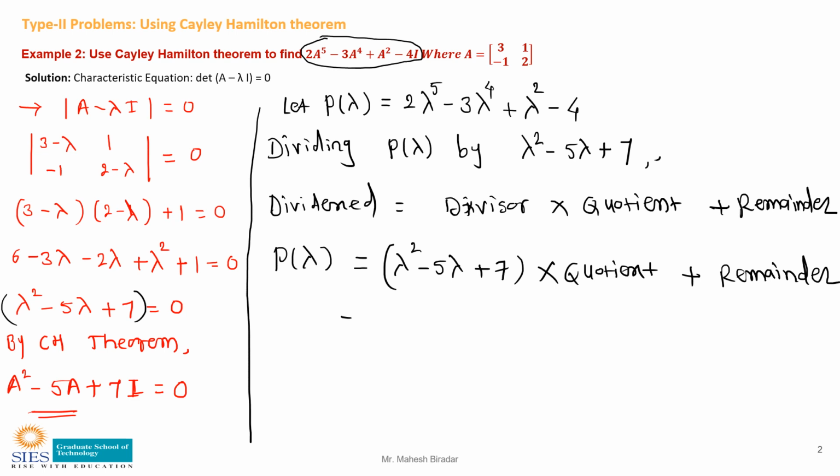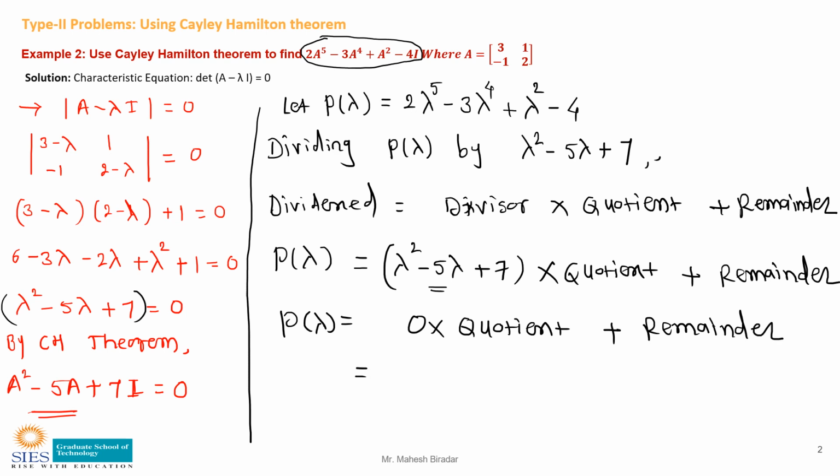You can see here this value of lambda square minus 5 lambda plus 7 is 0. So 0 into quotient plus remainder, but 0 into quotient will be 0, plus remainder. This implies that we can write P of lambda is equal to only the remainder of this division.